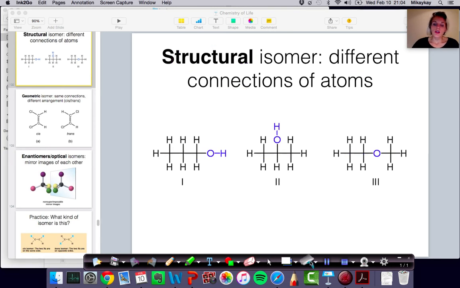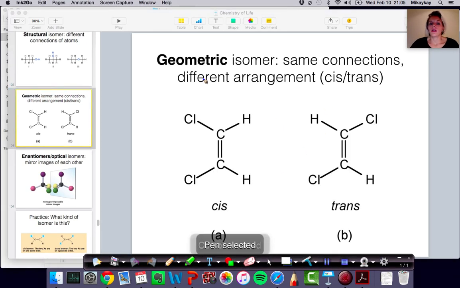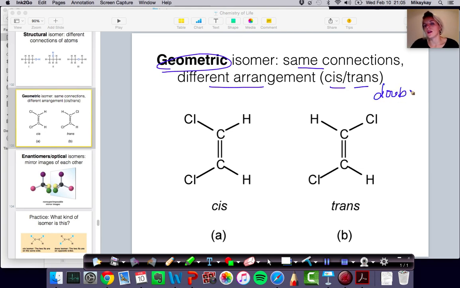A geometric isomer, what you need to remember about those is that when they're a geometric isomer, the connections are the same, but the arrangement is different. And when we talk about these, we talk about usually cis-trans isomers around a double bond, right? So when we have a double bond between carbons, the carbon can have the hydrogen, or it can have, how does that explain this?